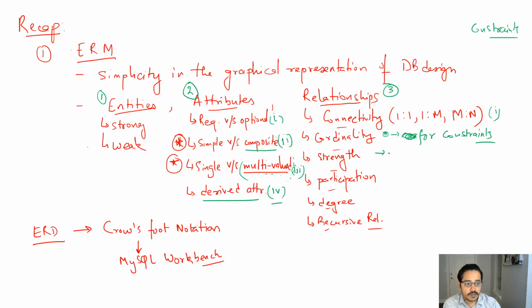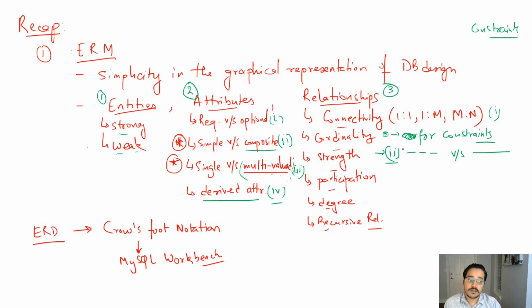Strength is important thereafter because, of course, the strength is going to determine the representation of your database design as well. So it has a direct consequence on how your database design is going to look. That is, whether you're going to have dashed lines versus solid lines, right? And it is representative of whether the relationship is between two strong entities or between a strong entity and a weak entity.